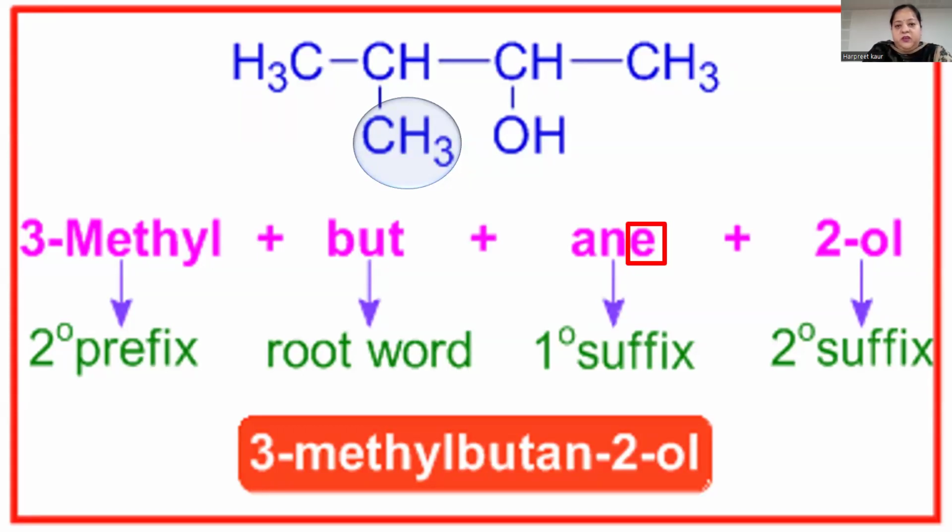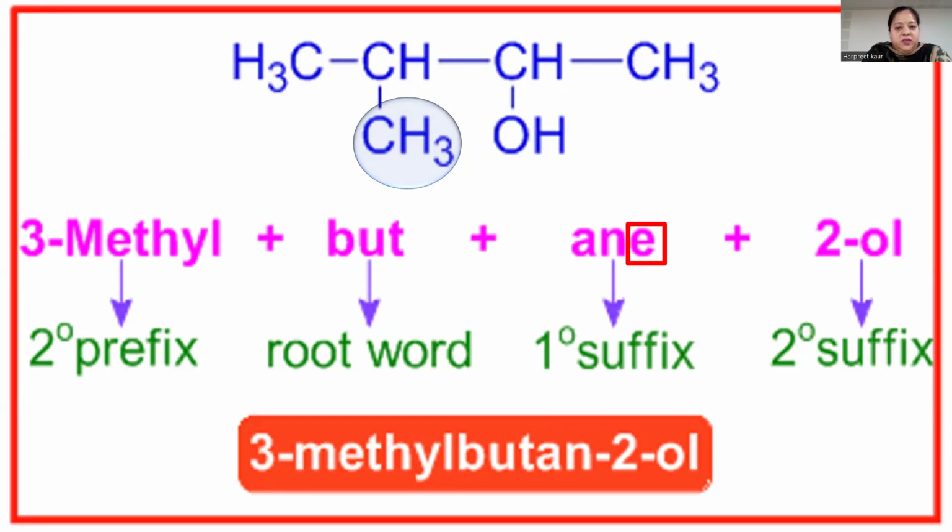The principal chain with four carbon atoms, and the root word which is written in the middle for four carbon atoms is written as but. After root word, coming towards the right, the primary suffix should be en, een, or ein. As in this carbon chain, all are single bonds, so the primary suffix is ane.